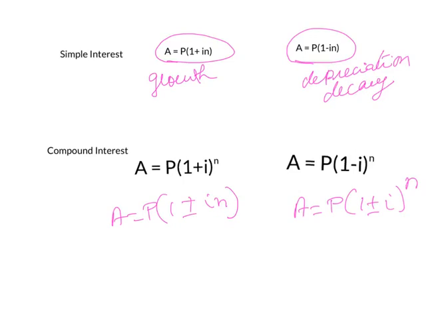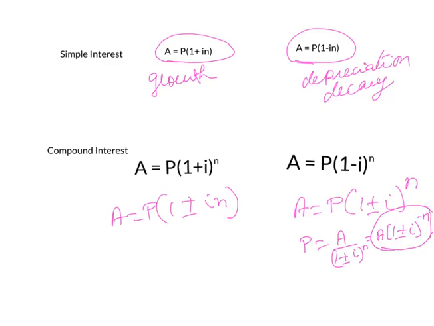I will write P. I have to divide by 1 plus I to the power of N on both sides. So instead of writing A divided by (1 plus I) or (1 minus I), depending upon the situation, to the power of N, I prefer to write it in exponential form, that is A times (1 plus or minus I) to the negative N. I apply the laws of exponents here to write it like this.